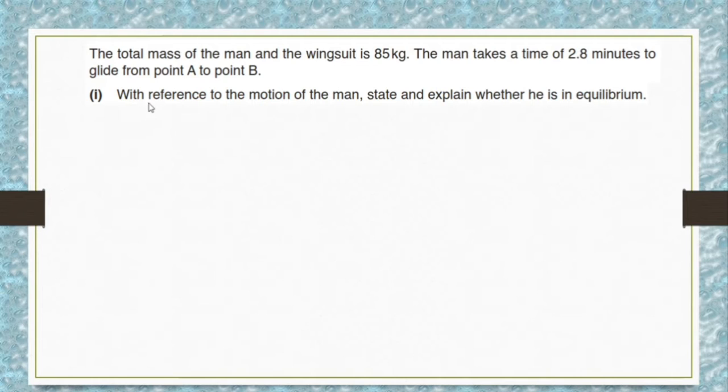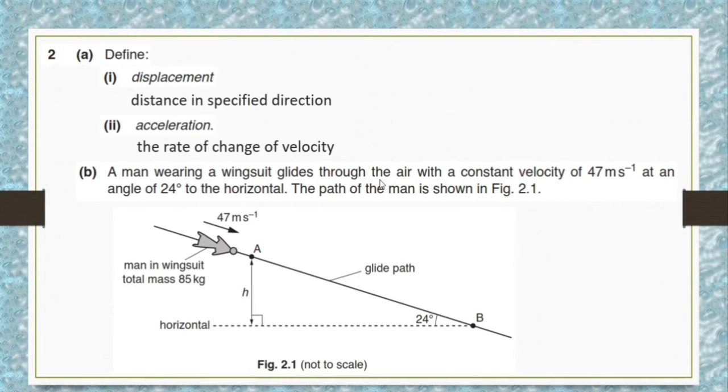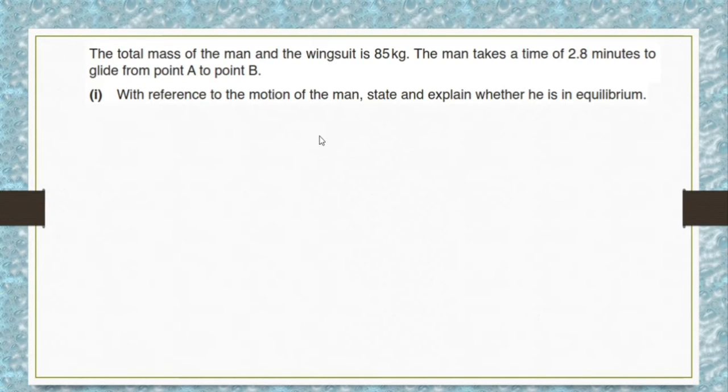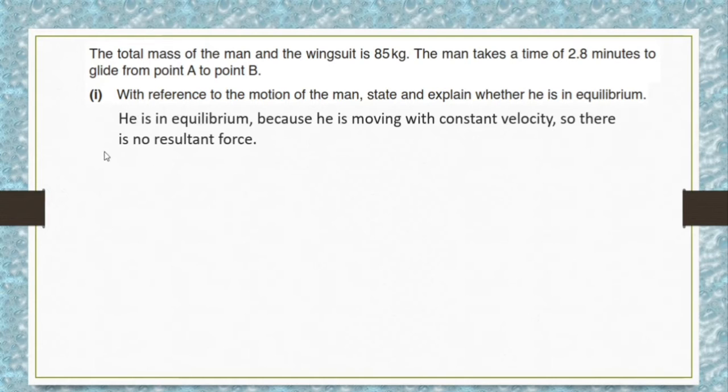The first question, with reference to the motion of the man, state and explain whether he is in equilibrium. We should see this statement that he is gliding through the air with a constant velocity. So when it is a constant velocity, he is in equilibrium, because constant velocity means that there is no resultant force. So he is in equilibrium.